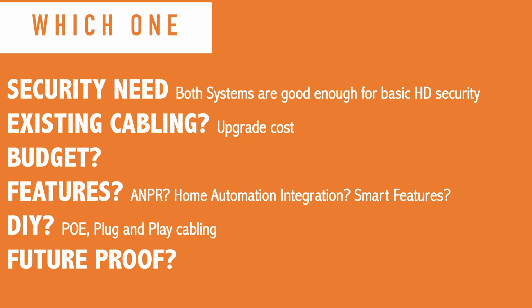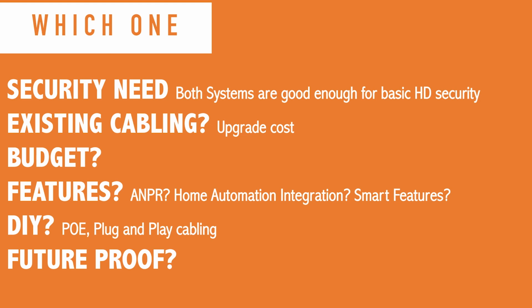If you're looking to deploy a system which already has cabling in place, then it's worthwhile investigating what cabling you have, because if it's coaxial and power, it might save you a lot more money upgrading that system to a high definition analog system versus pulling that all out and having to rewire it.